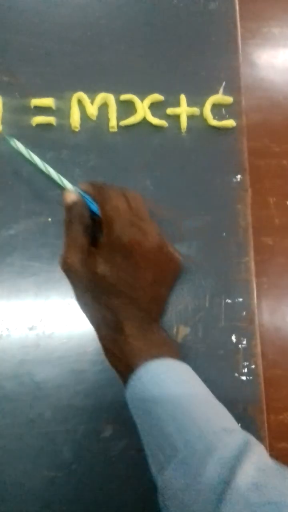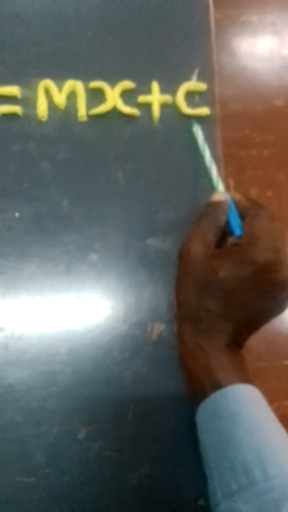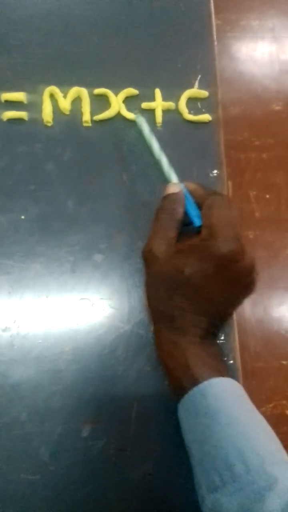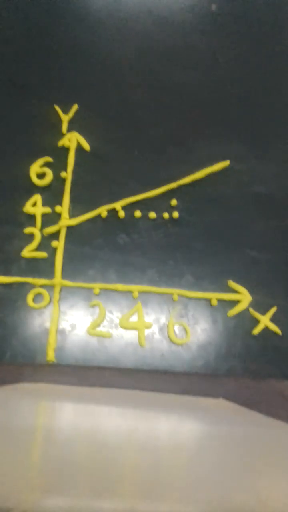So the equation of that line is y is equal to mx plus c, or y equals a half x plus 3. That is the equation of that line after finding the gradient as well as the y-intercept.